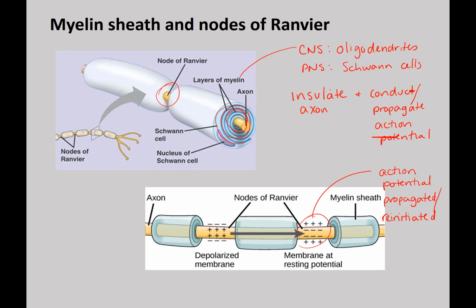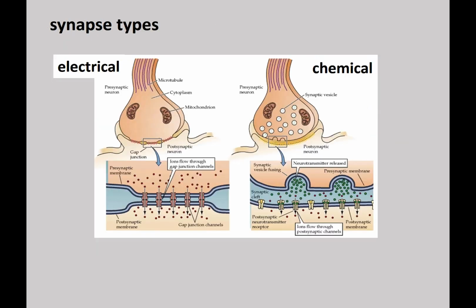There are electrical and there are chemical synapses. With electrical synapses, I want you to see that the presynaptic and the postsynaptic cells are physically connected by gap junctions.